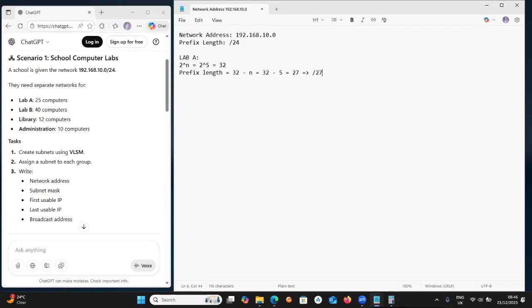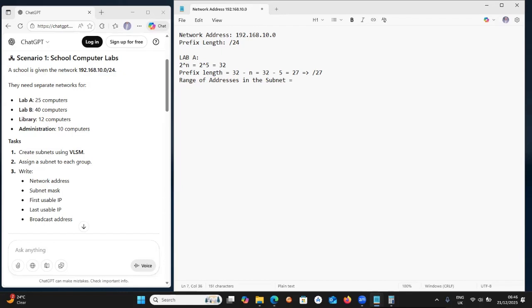Now that we have the prefix length to be 27, what is the range of addresses in the subnet?